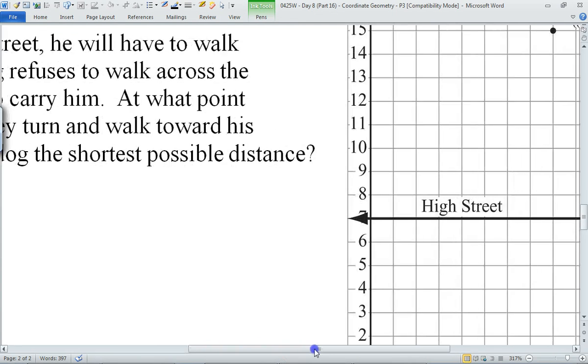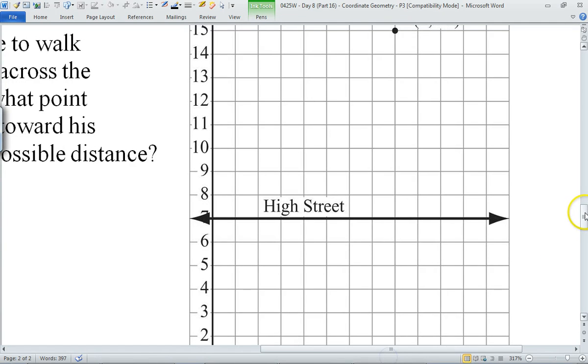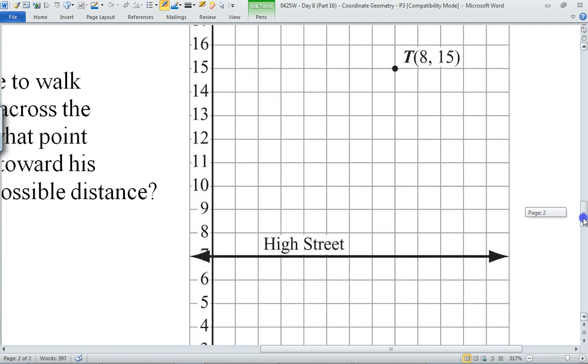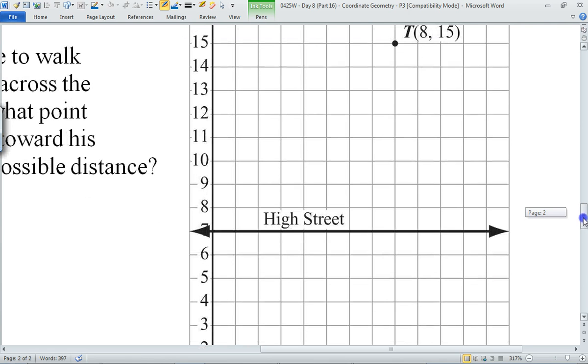Okay. So here we are walking along High Street. His dog is not going to walk across this area, so he's going to have to carry his dog. So he wants to know at what point he should turn and start heading towards home. That would be the shortest distance. Where along this street is going to be the place where he needs to turn?